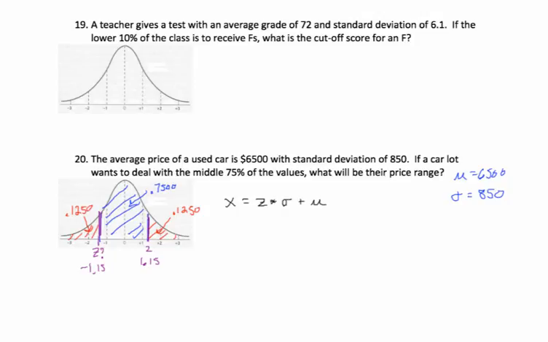So I use my formula now. Now that I know the z-score, I can turn that into data values. What prices go with those z-scores? So I have the z-score. I need the data value, so I'm going to use this formula. And I plug in.